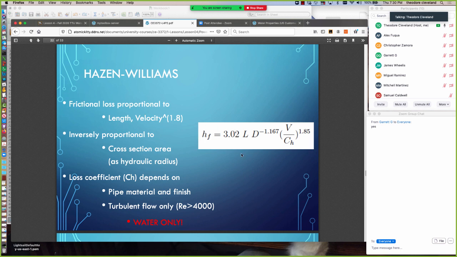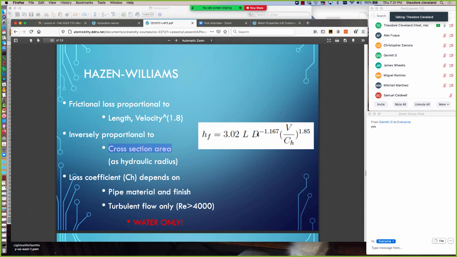So if we examine this expression, we conclude that this particular model has frictional loss proportional to length, just like Darcy-Weisbach did, proportional to velocity raised to a power, not squared this time, but to the 1.8 power. So 1.8 is almost 2, so they're pretty close in that respect. They're certainly both superlinear, and it's inversely proportional to a cross-section area expressed as a hydraulic radius.